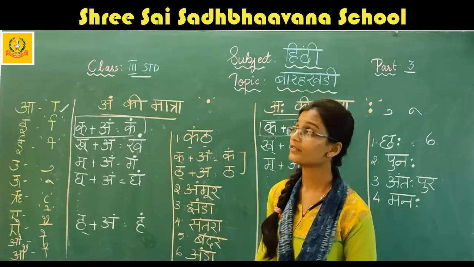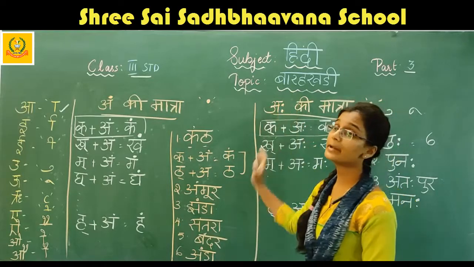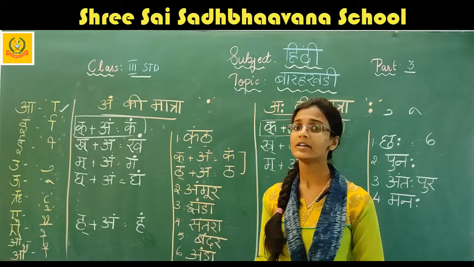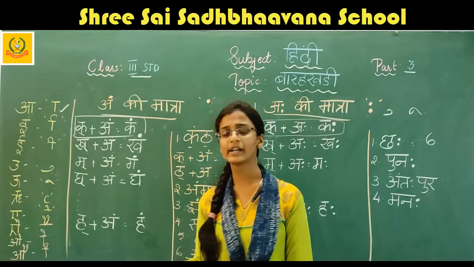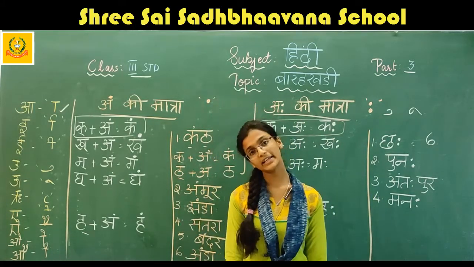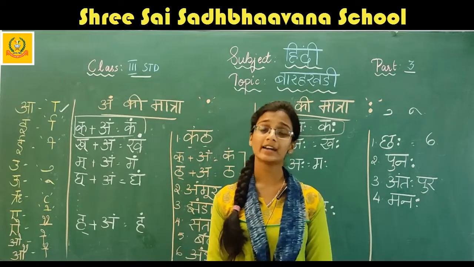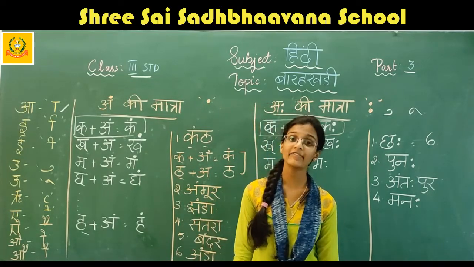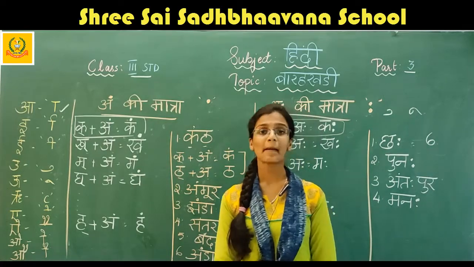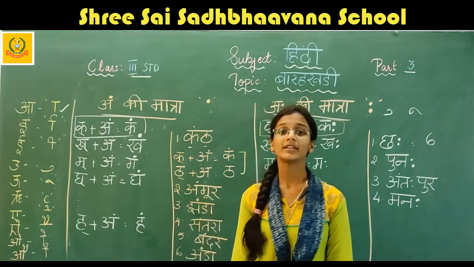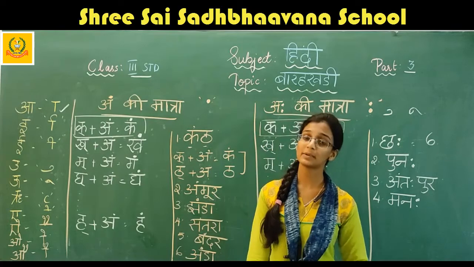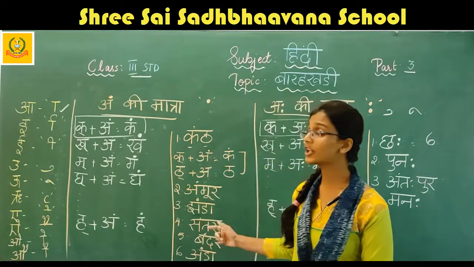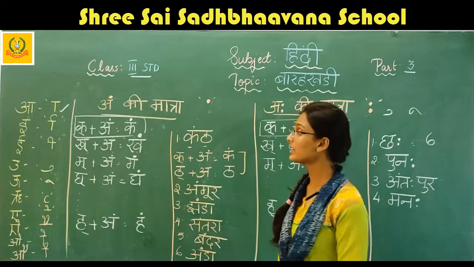So children, I will repeat and revise once again so that you will be able to understand. We learned Bharakadi. In Bharakadi, in the first class, we learned 3 matra. That was A ki matra, E ki matra and E ki matra. I said A ki matra, that is the first swar doesn't have any matra. That is known as bina matra ke shabd. In the previous class, we learned bina matra ke shabd.